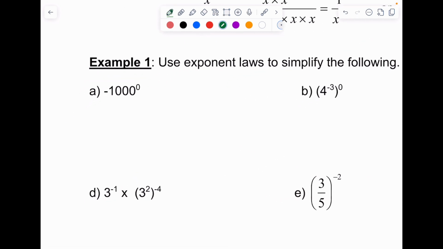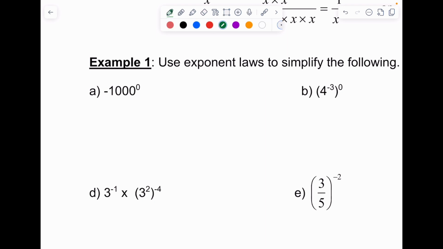And most important thing, especially in this first example here, is your use of brackets, okay? So this is actually a good example to start with right off the bat. You might think this value is equal to 1, right? Because we said anything to the power of 0 is 1, which is true. But in this specific scenario, this is not a negative 1,000 put to the power of 0.